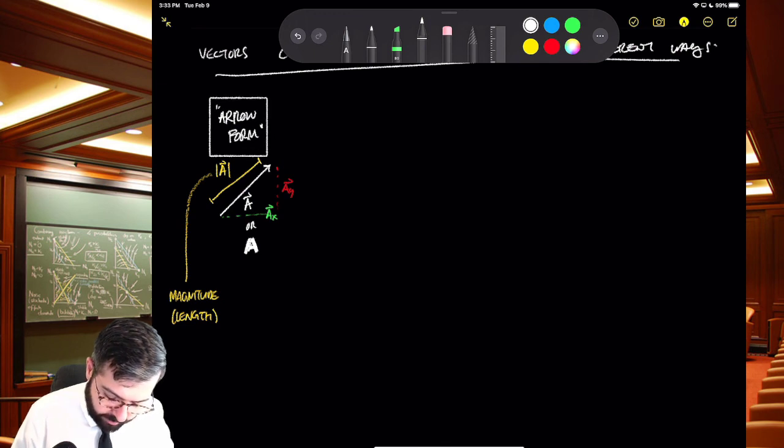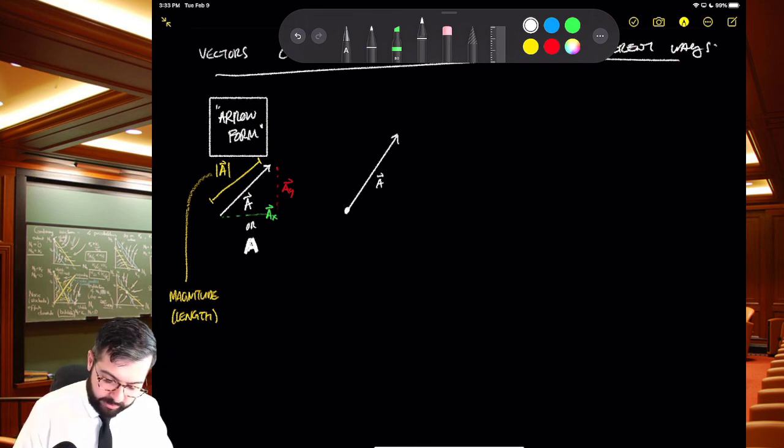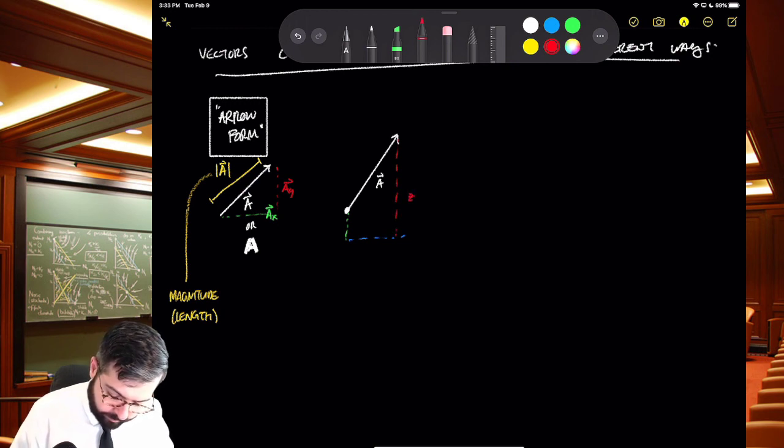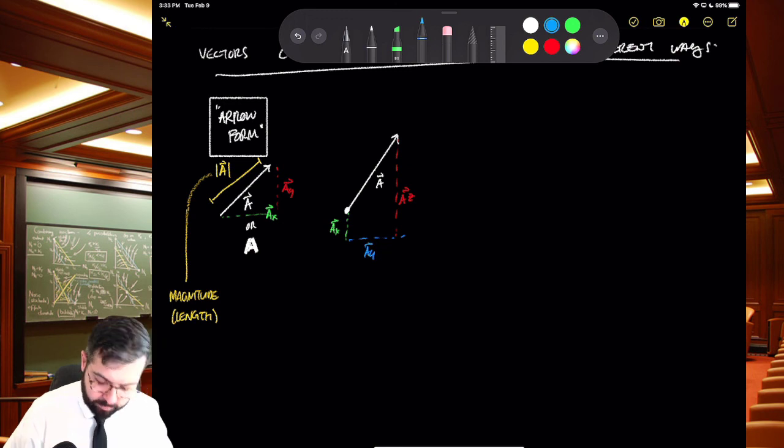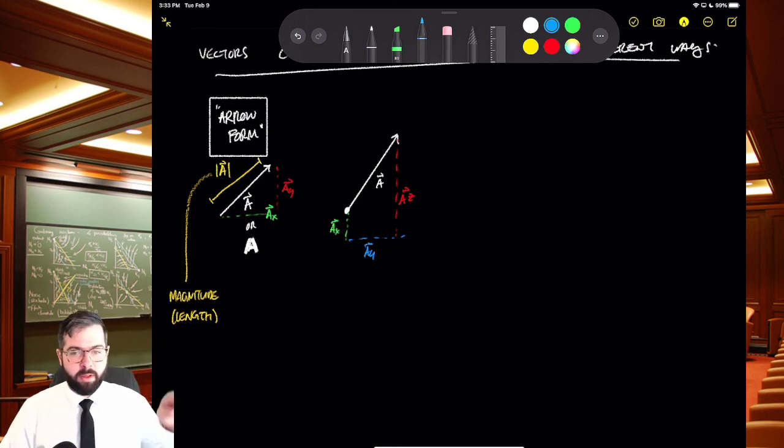Okay, and if it was in R3, we'd still have that length is the magnitude, but you might have an x direction, y direction, z direction, that make up these 3 components: how far over, how far out, how far up.